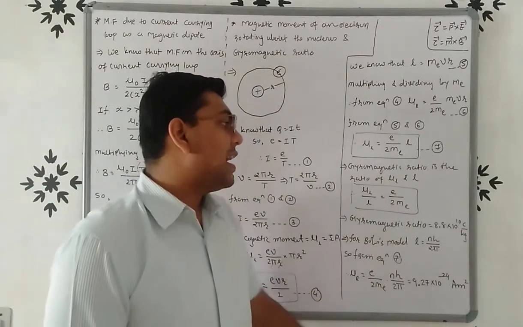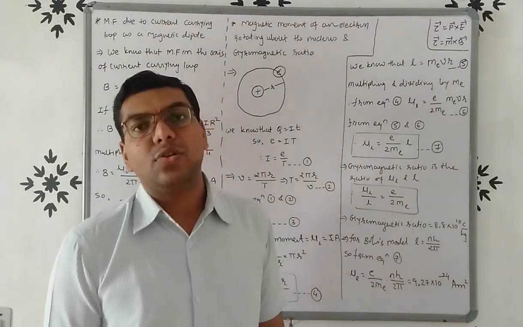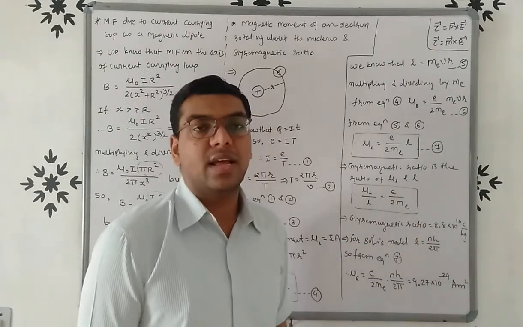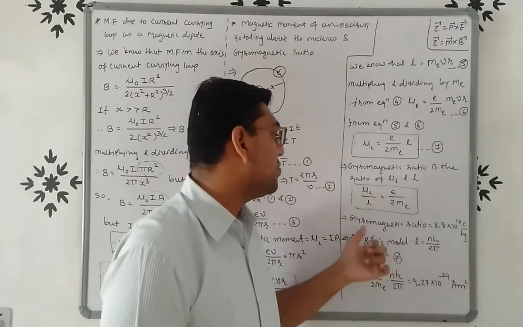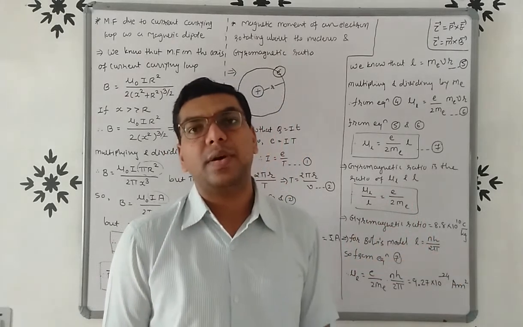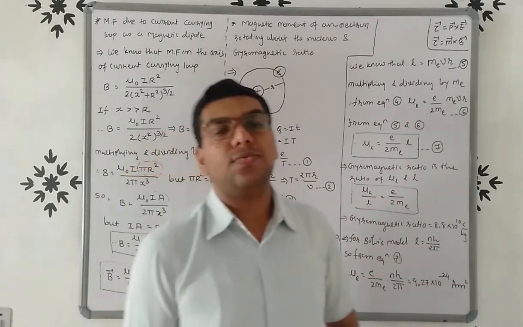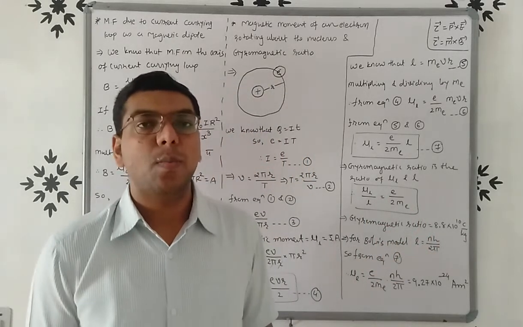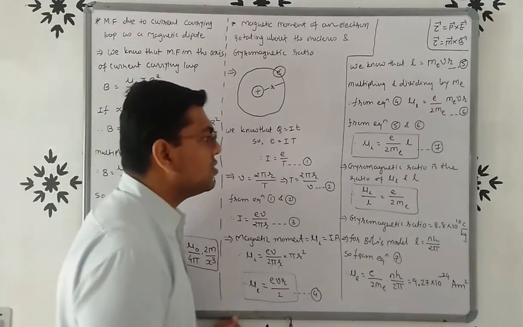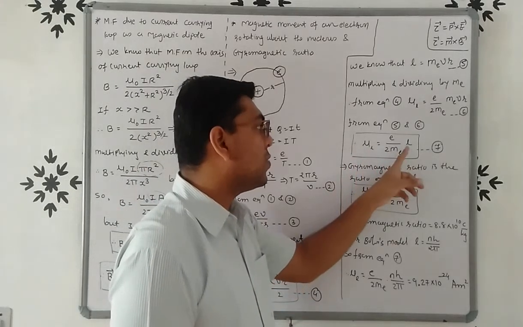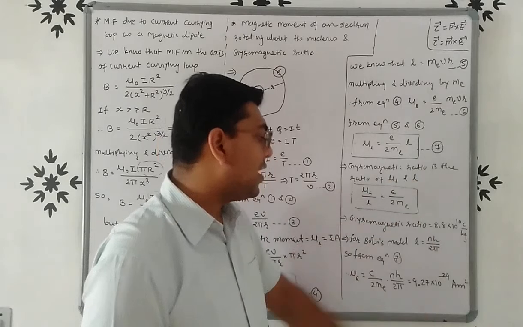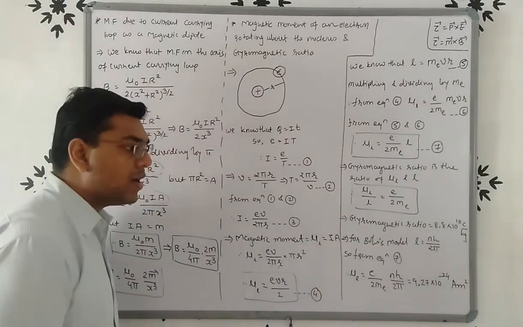What is the value of gyromagnetic ratio? You have to remember, friends, if you put the value of e and m_e in this equation and calculate it, then you will get gyromagnetic ratio 8.8 × 10^10 coulomb per kilogram. Now, if you want to find out the magnetic moment for Bohr's model, we already know that for Bohr's model, L is equal to nh upon 2π. So for first orbit, n is equal to 1.